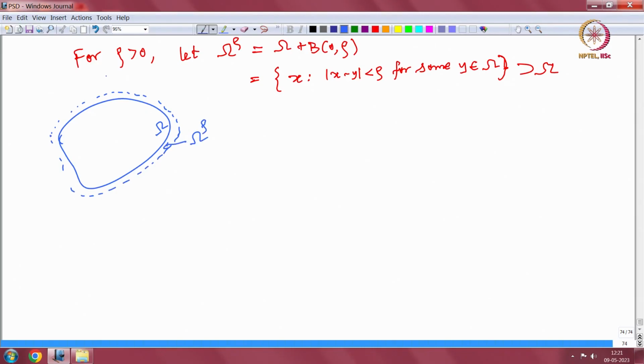So, with these notations, let me now state the theorem. Okay. Let me go back to the original color. So, this is the theorem. Okay.